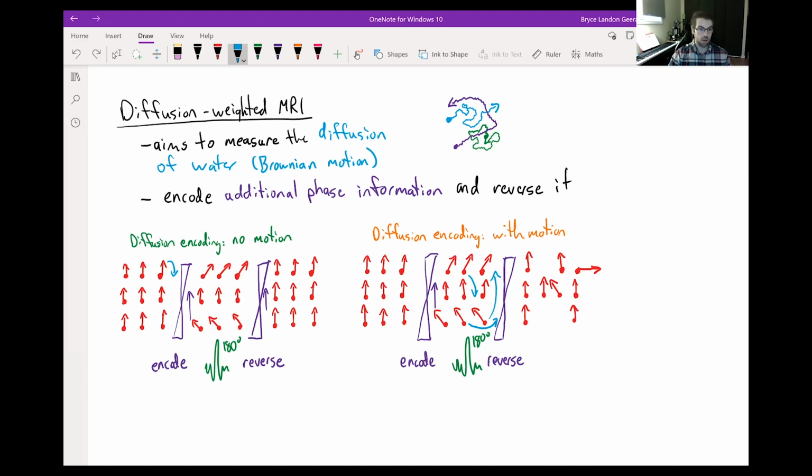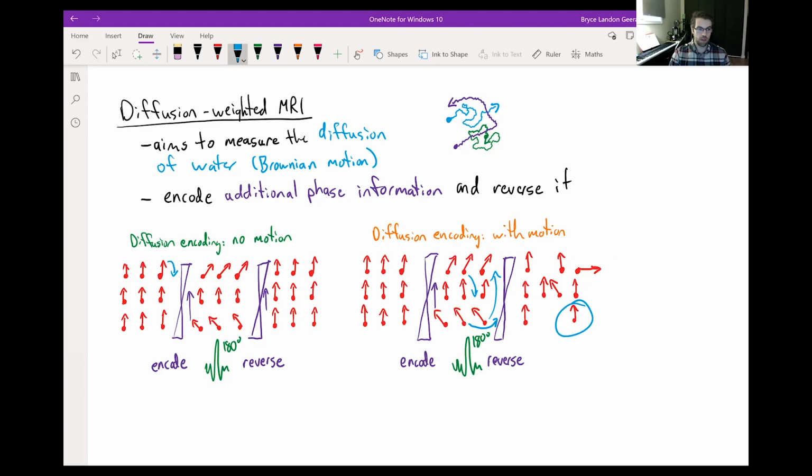And it's important to note that this only matters if water molecules diffuse in the same direction that our gradient is being applied in. So we saw that we had two spins that changed rows in this example. These two changed rows, and they, as a result, saw a different gradient amplitude than they did in the first place. Whereas this spin that moved just from left to right, in terms of its experience of the diffusion gradient, nothing changed.